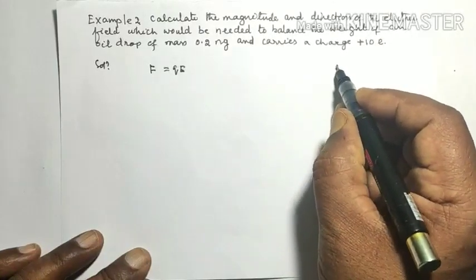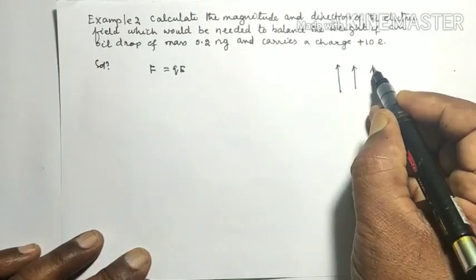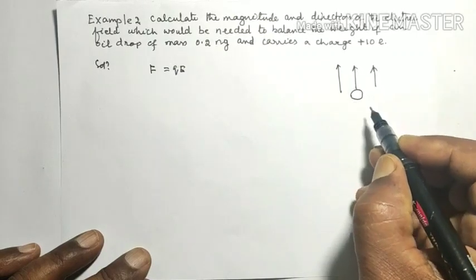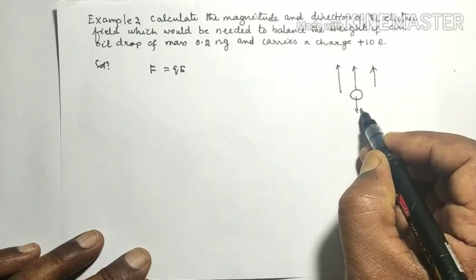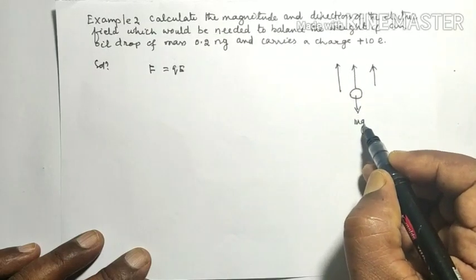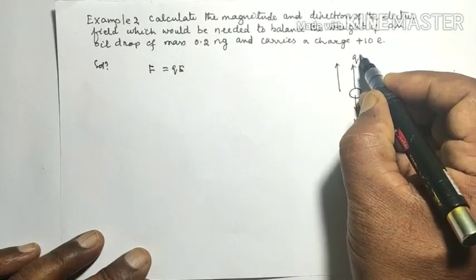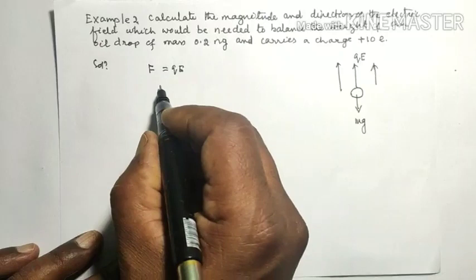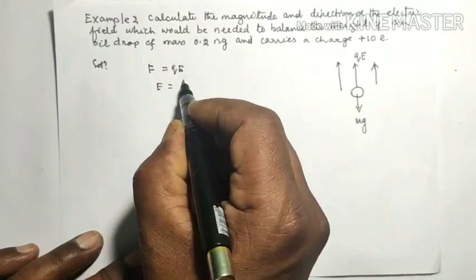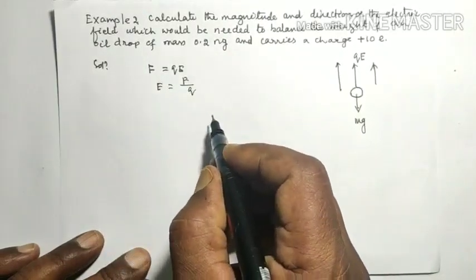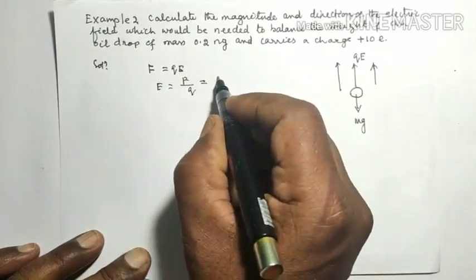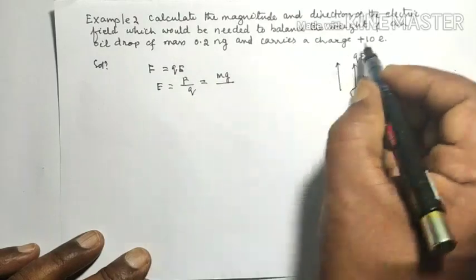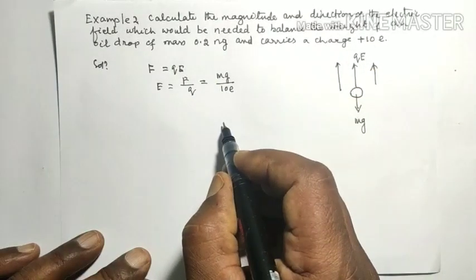Now here, electric field is applied in upward direction to the oil drop so that it balances the weight of the oil drop. Weight of the oil drop is mg and upward force, electric force is QE. So F equal to QE or E equal to F by Q. F is mg, and Q, that is charge, is 10 E.